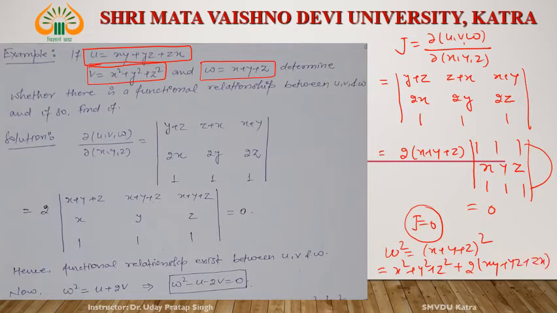That is v plus 2 times u. It means w square is equal to v plus 2u. This is the functional relation, right? This Jacobian J equal to 0 only tells you that there is a functional relation, but what the functional relation is, you have to find out.